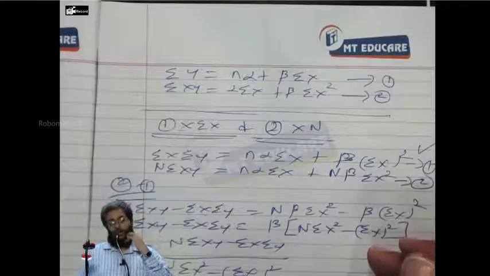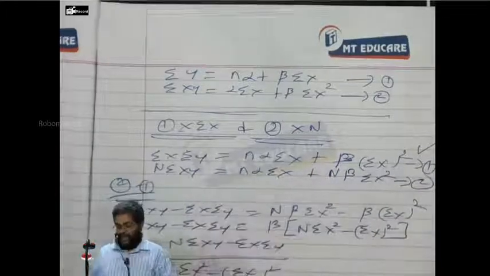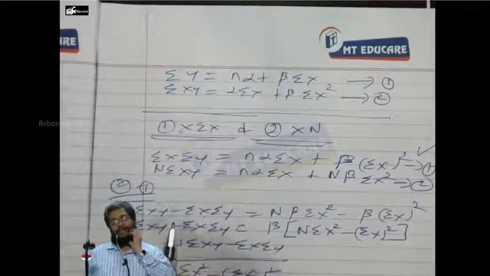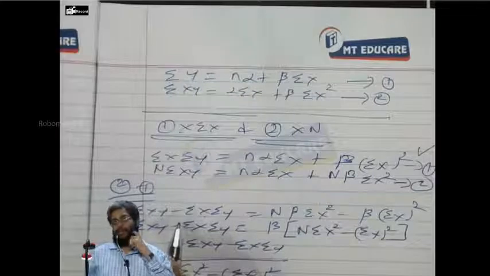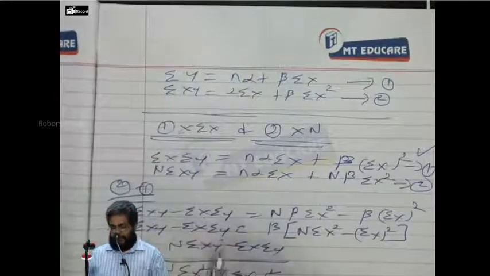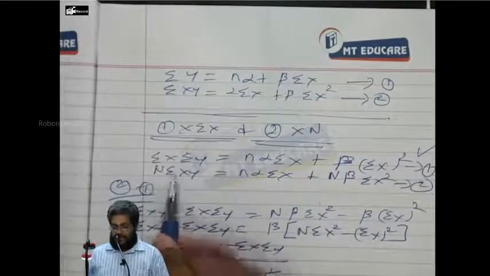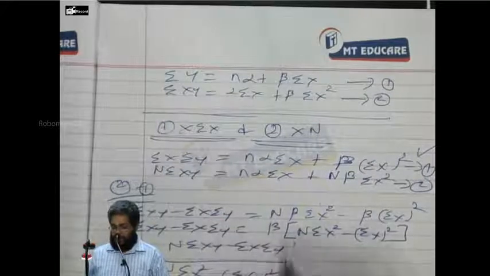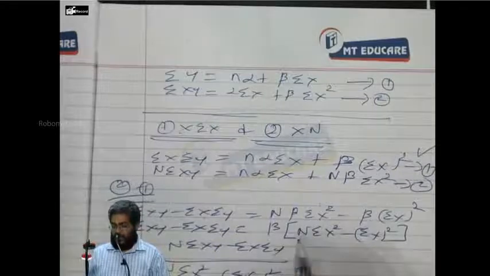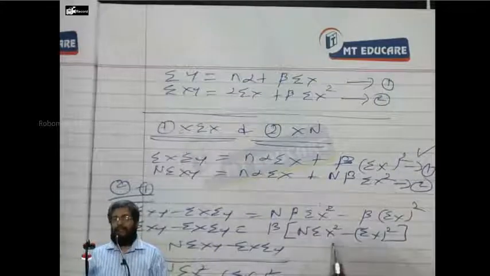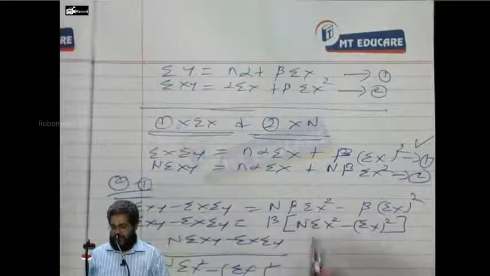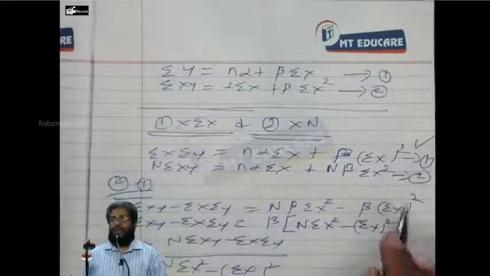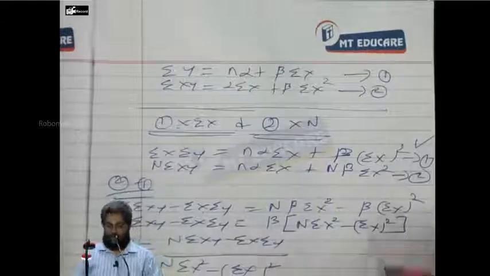So n sigma xy minus sigma x sigma y is equal to beta into n sigma x squared minus sigma x the whole square.